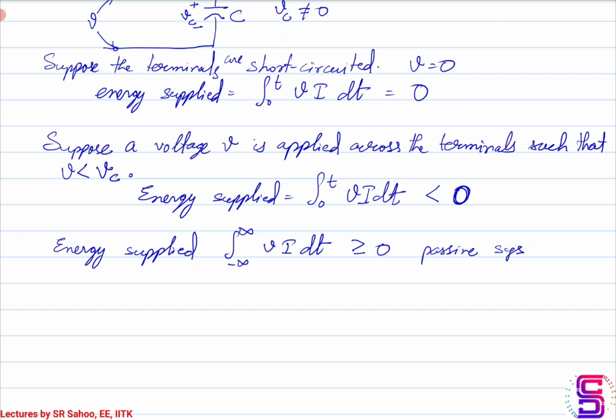So this says that the system is passive. So for passive systems, the total supply of energy needs to be positive.